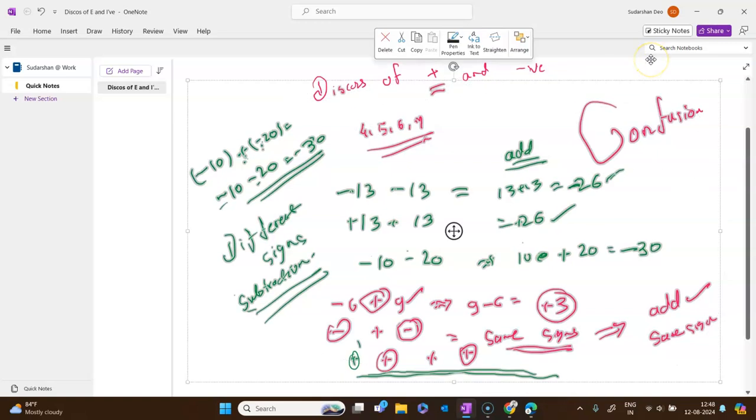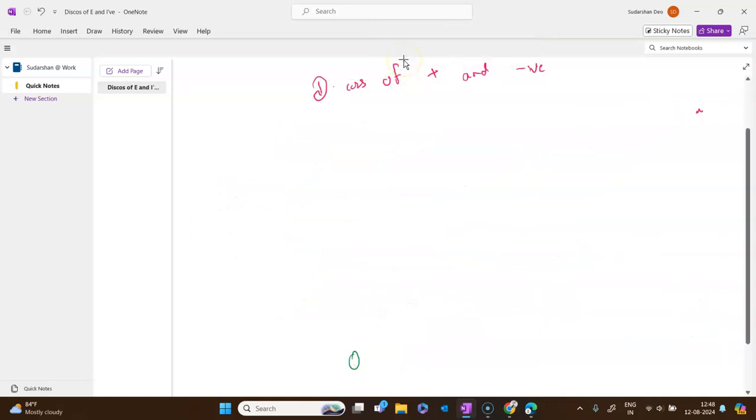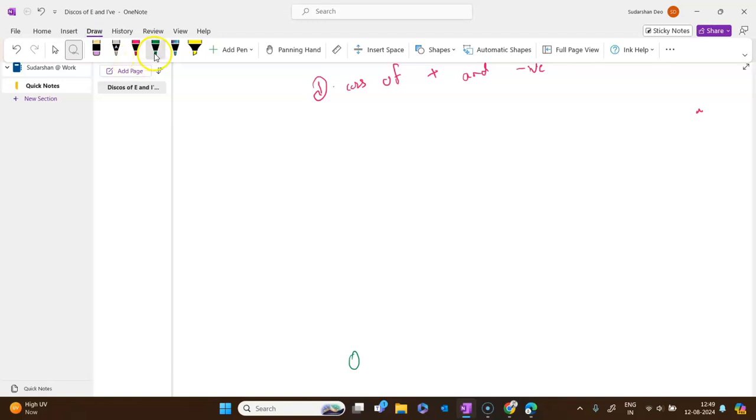Greater number sign. Remember one basic concept in this case now.